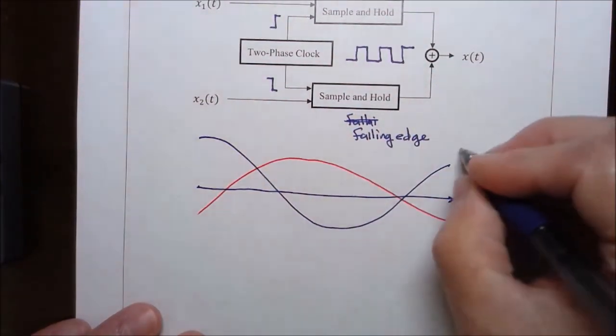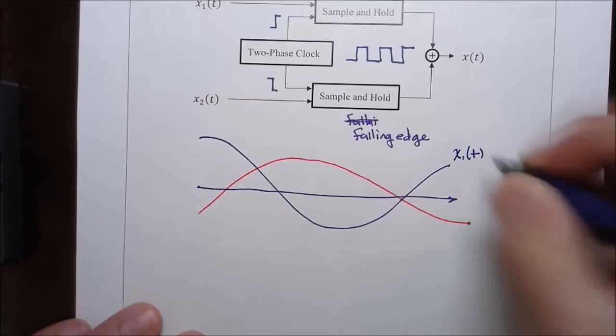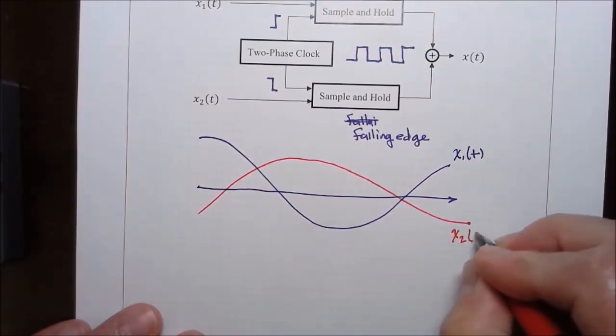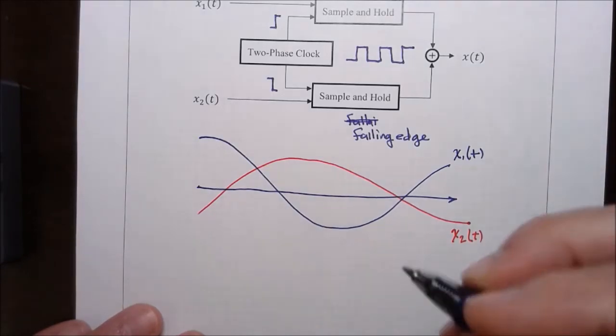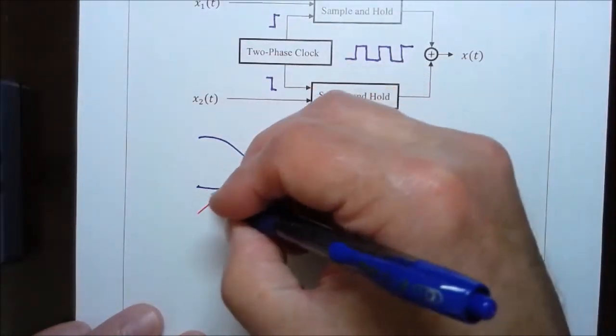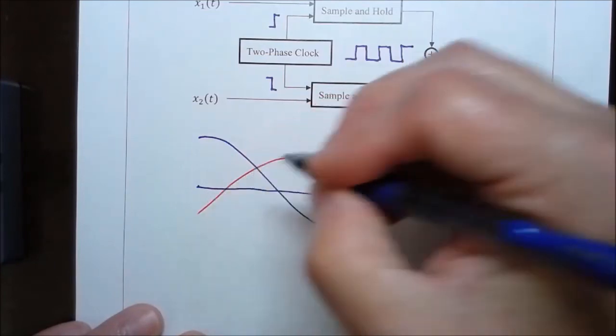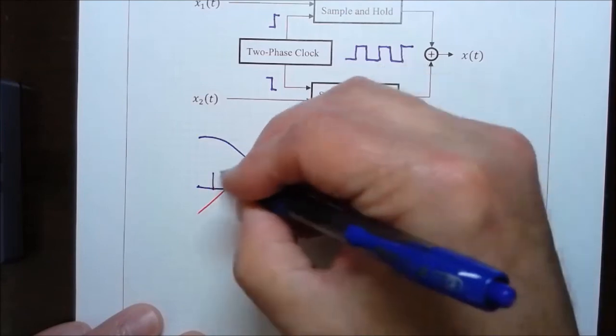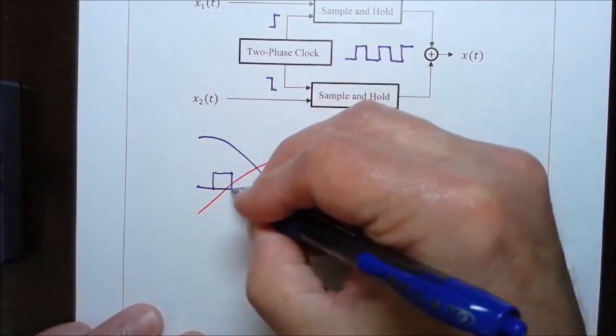So the blue is X1 of t, the red is X2 of t, and then we've got a clock signal that, let's see, would be something like this.